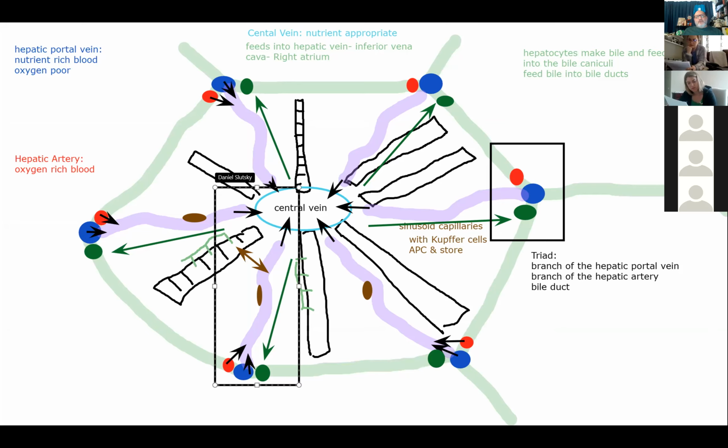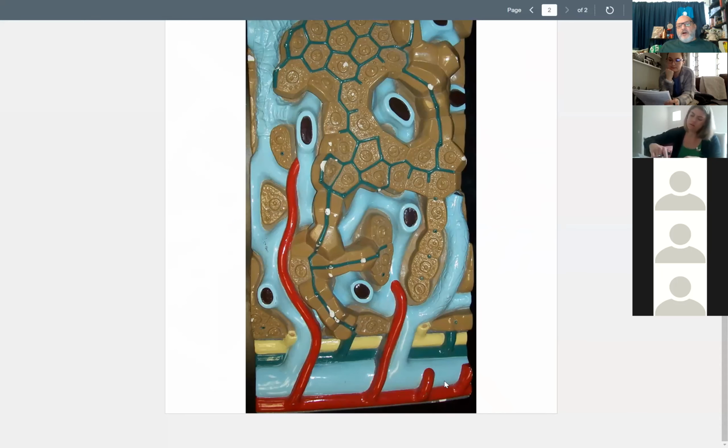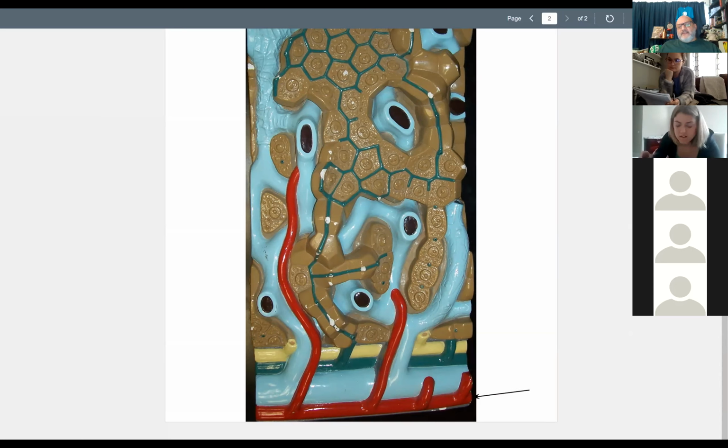So notice when we look at this picture, we see our portal triad, including 1, 2, 3, 4 structures. Wait, what? All right, let's see if we can figure this out. Structure 1 in red, what do you think that is? Hepatic artery. There you go. Structure 2, big blue thing.